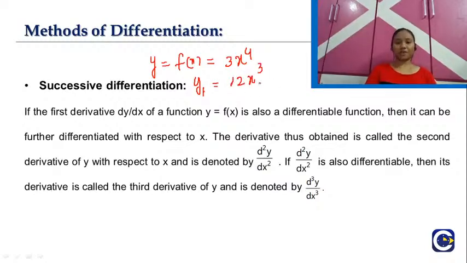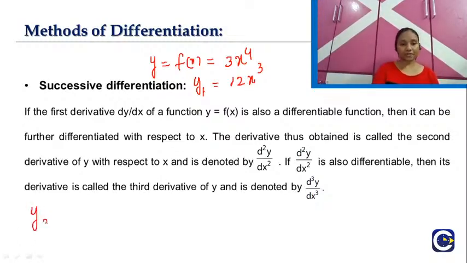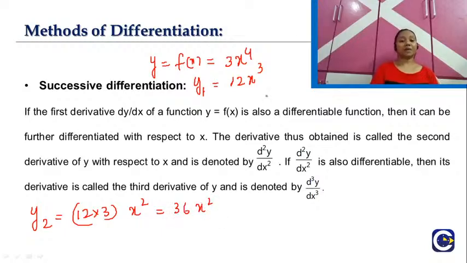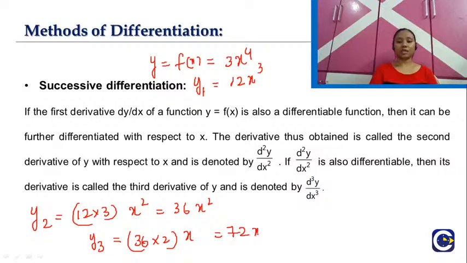If you observe, I am having an x term, so I can actually further differentiate it again. So now I am doing the second derivative y2 equal to 12 into 3 x square. That means 36x square. So now I am having one more x variable so that I can go on doing differentiation further. That will be my third derivative. So 36 into 2 into x. So that will be 72x.